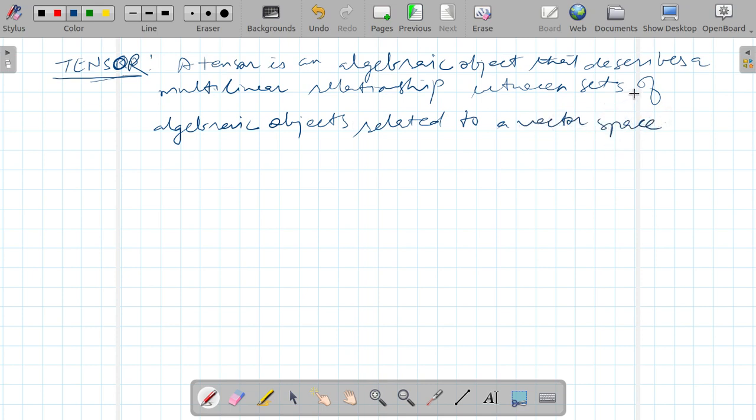So let us understand this definition with the help of an example from electricity and magnetism.